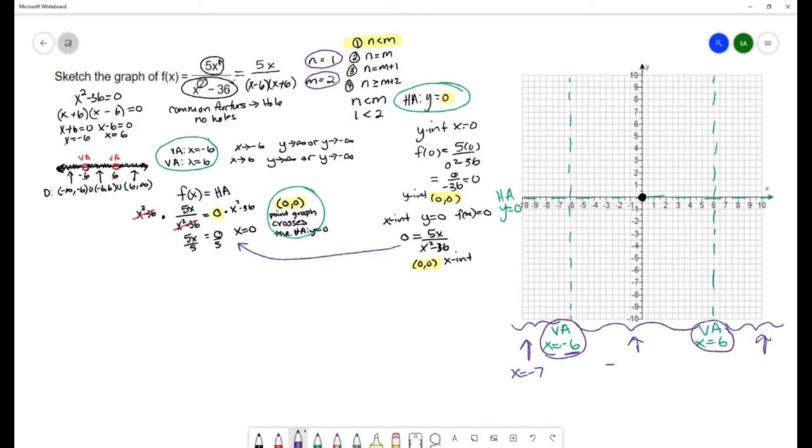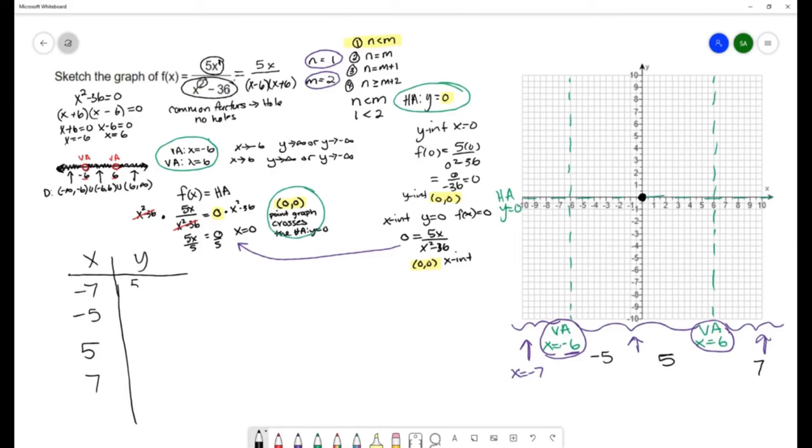Actually, it might be easier if I do -5 and 5. And then in this last section, I need to pick a number that's greater than 6, like 7. So I'm going to pick these values for my x's: -7, -5, 5, and 7. We're going to substitute them into our function to get the y value.